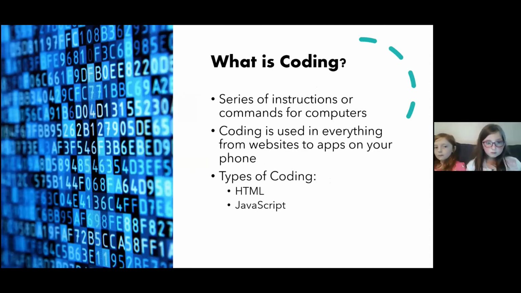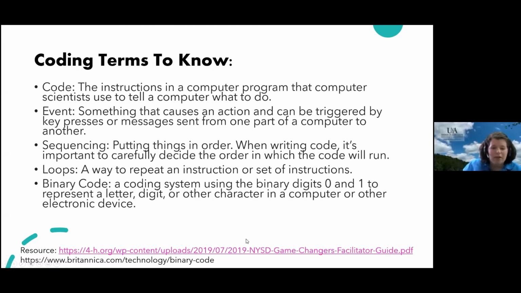Coding is used in everything from websites to apps on your phone. Some types of coding that people maybe recognize are HTML and JavaScript. So, some terms to think about.